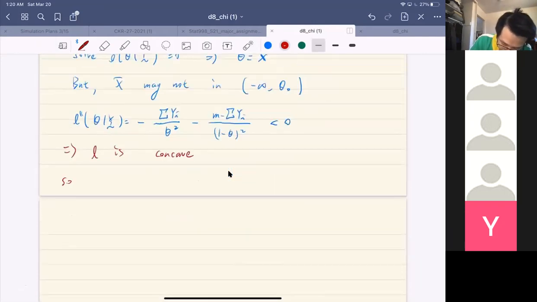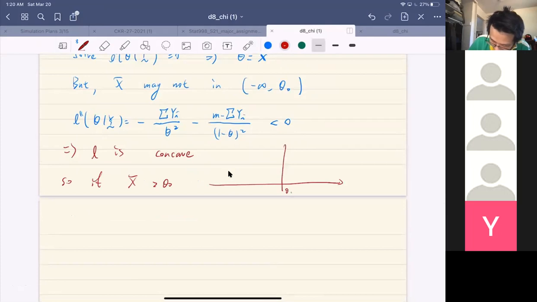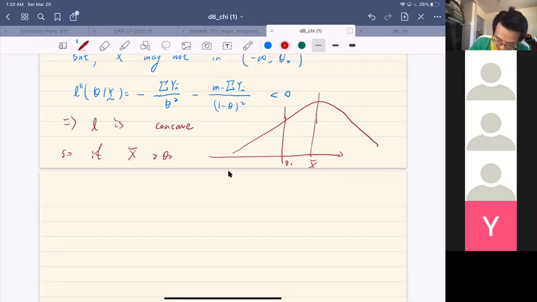If S bar is greater than theta zero, the graph may look like this. So in this case theta zero is the maximizer.